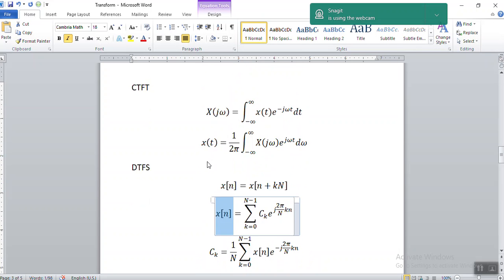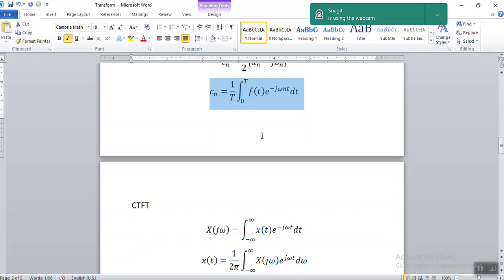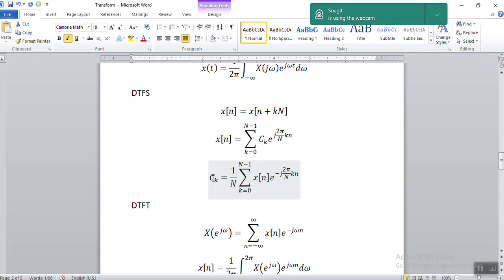Now, as compared to this c n, which, as I explained, gives you the discrete normalized periodic spectrum of a periodic signal f of t, similarly this c k gives you the discrete normalized periodic spectrum, because it is also divided by N, of the periodic signal x of n. Okay. This does not give you the spectrum, this is just the expansion, and this will give you the spectrum.